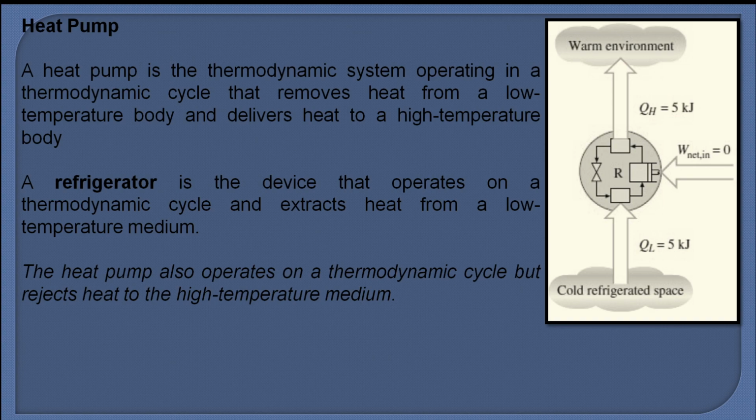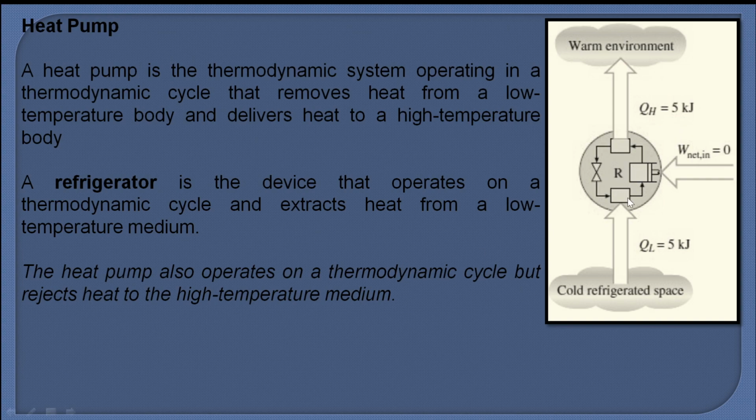The difference between the heat pump and a refrigerator is the desired result. The desired result in the case of a heat pump is the amount of heat rejected to the high temperature medium. In the case of refrigerator, the desired result is the amount of heat that it can absorb from the low temperature medium.